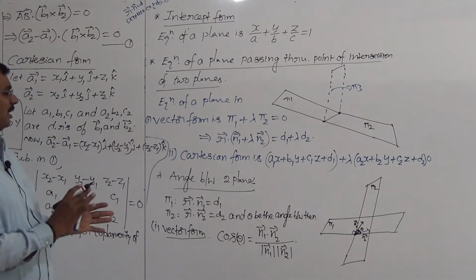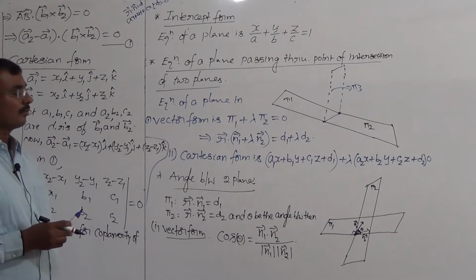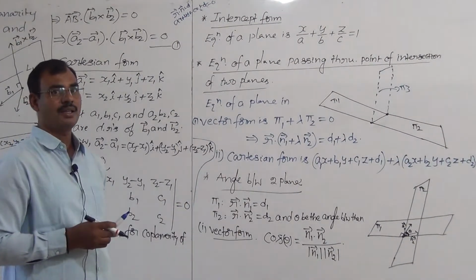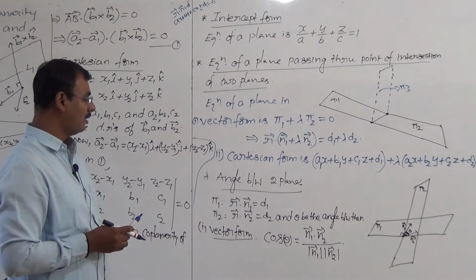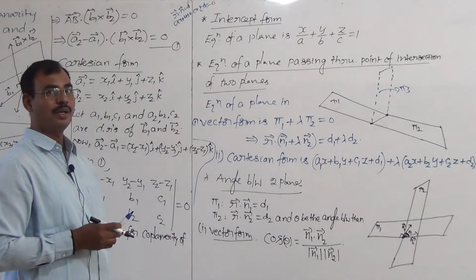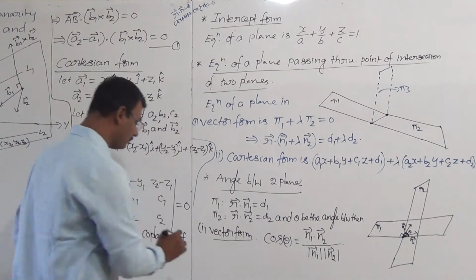Derivations here, leave it, simply remember the vector form. Angle between two planes in vector form: cos theta is equal to n1 vector dot n2 vector divided by magnitude of n1 vector into magnitude of n2 vector.